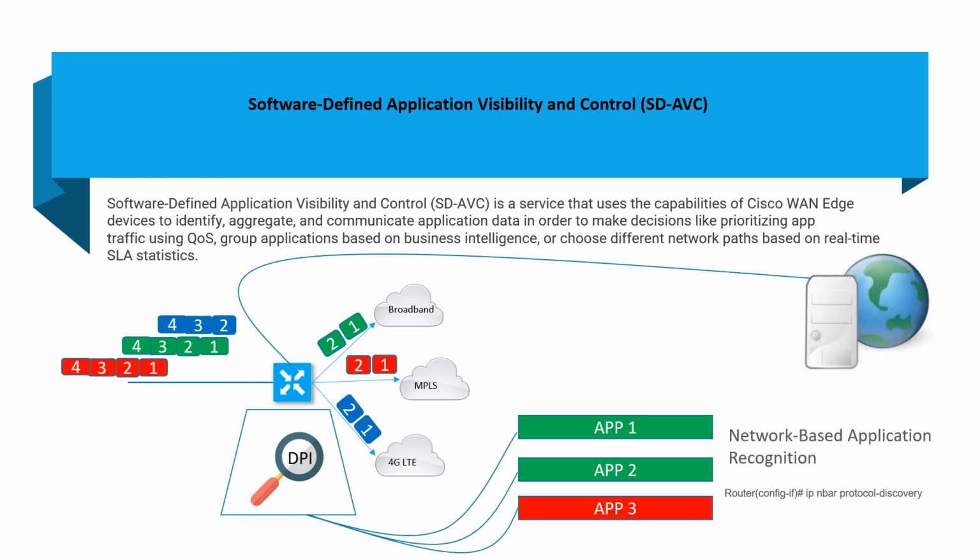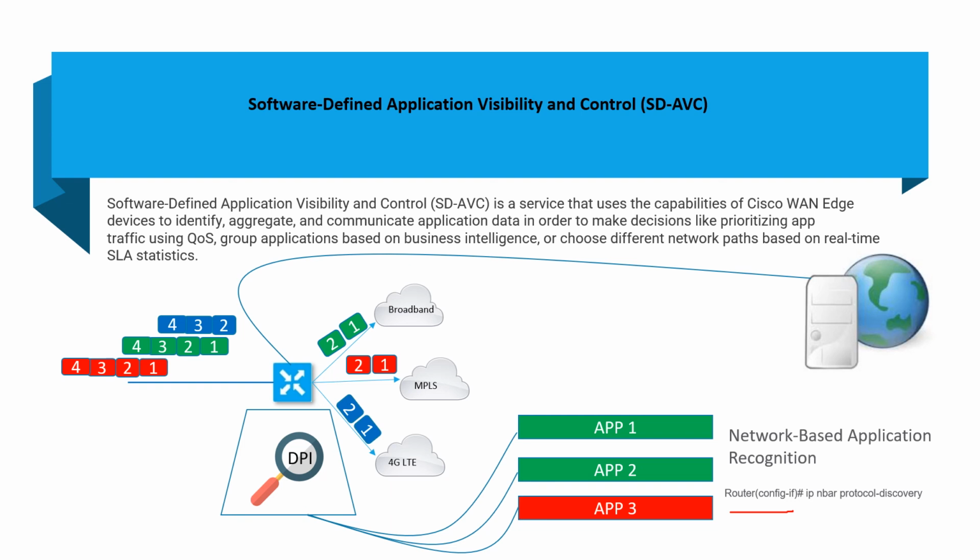Let's talk about an old router. Maybe if you ever configured a Cisco router, you need to enable the NBAR protocol discovery. And once you enable it on the interfaces, it can tell you what kind of traffic is being passed.